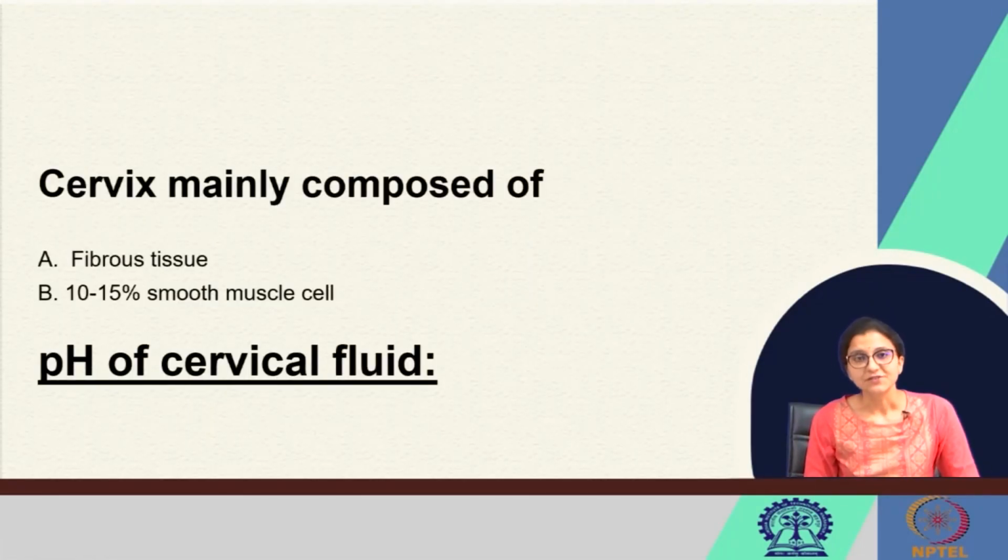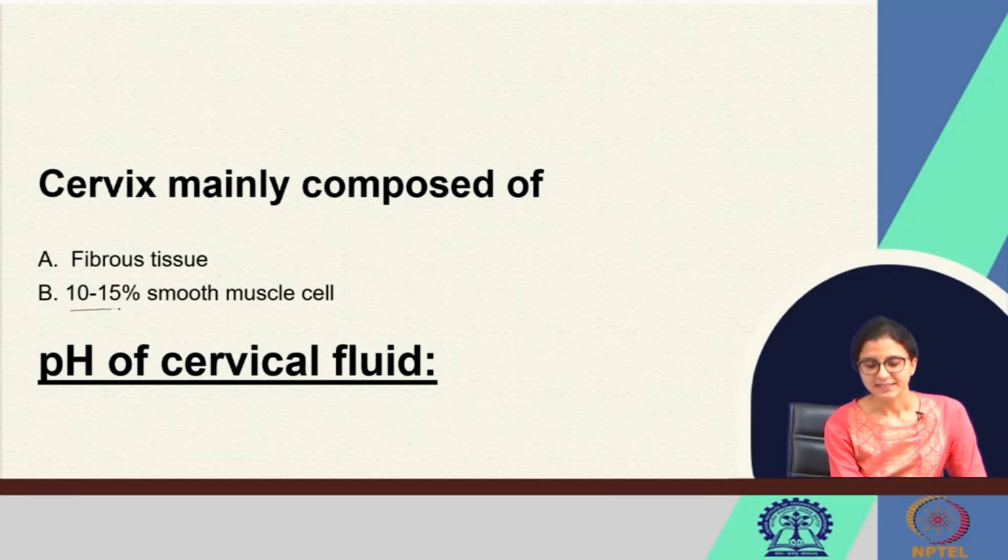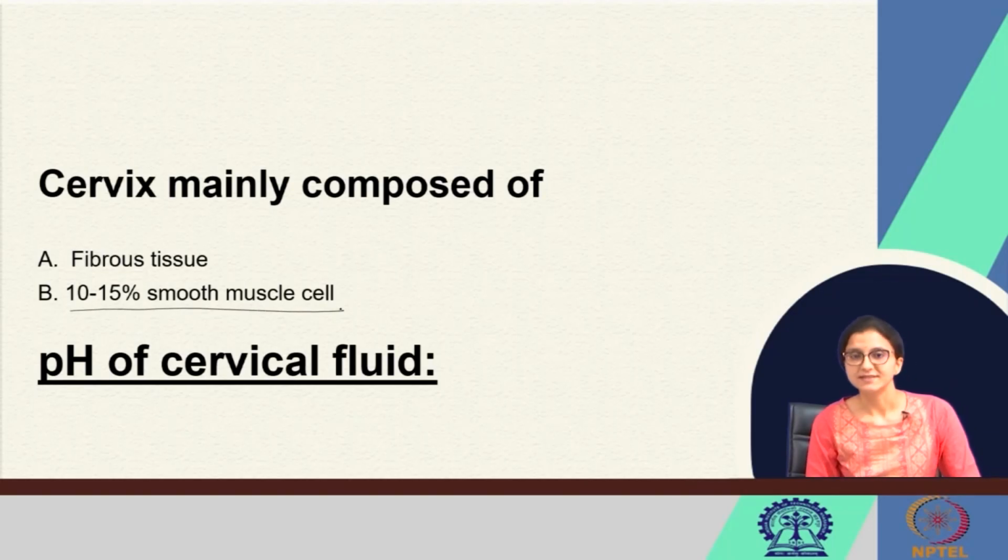The cervix is mainly composed of fibrous tissue; 10 to 15% is made up of smooth muscle cells. Another important point regarding the cervical fluid pH is that it is alkaline. In the previous class, we discussed that the vaginal pH is acidic, approximately 4.5 in females of the reproductive age group.